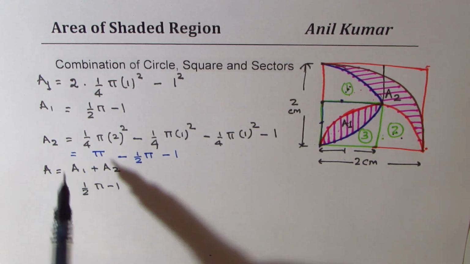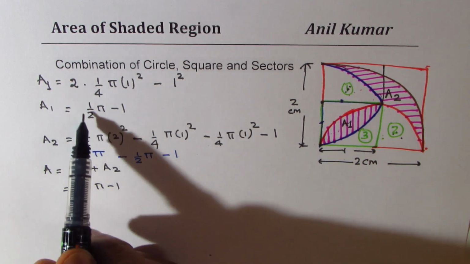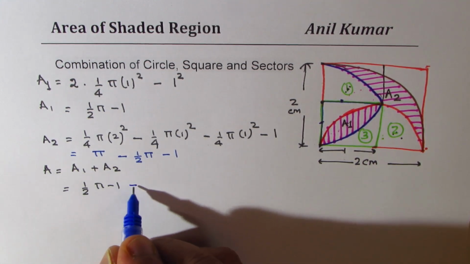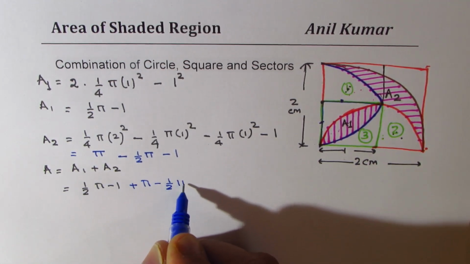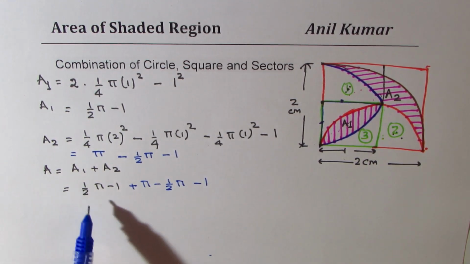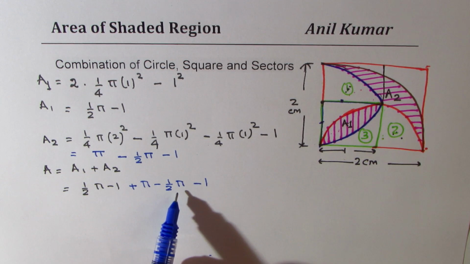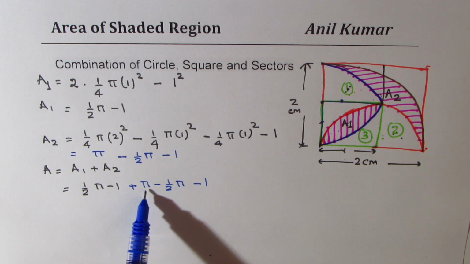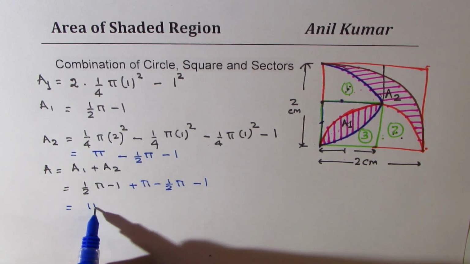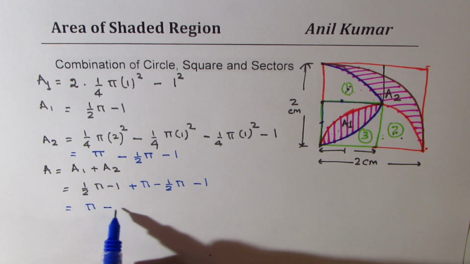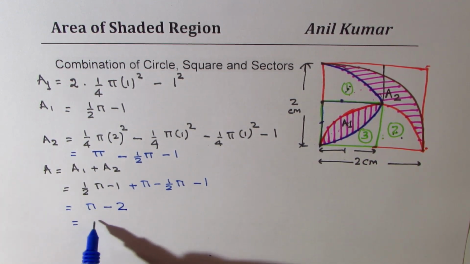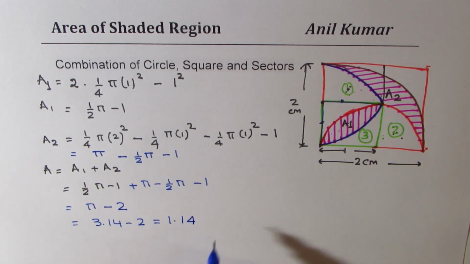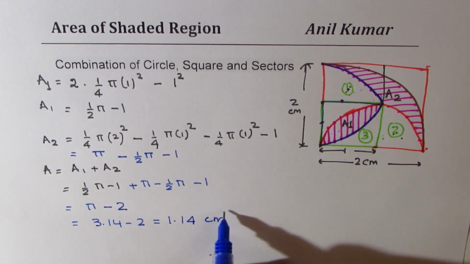So what we have here is the area of the first portion, A1, is half pi minus 1, and let's add this portion, which is plus pi minus half pi minus 1. Now from here you can simplify and write down the result, which is half pi minus half pi is 0. We are left with pi minus 2. Minus 1 is minus 2. So which is approximately equal to 3.14 minus 2, which is 1.14, in this case centimeter square.